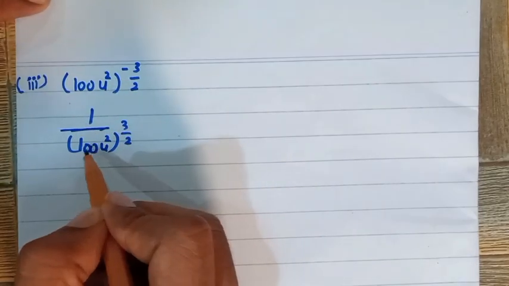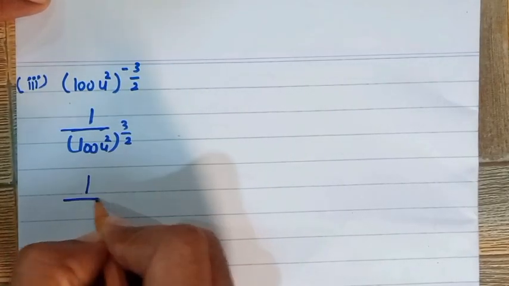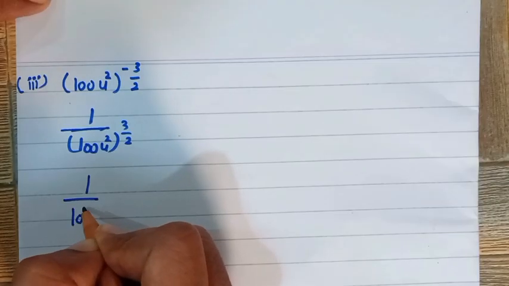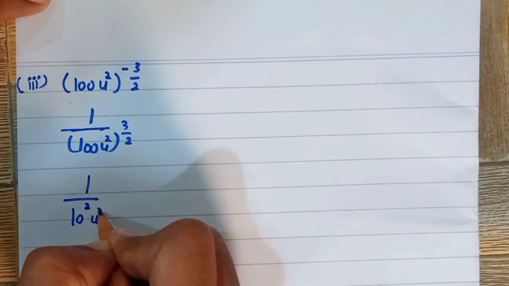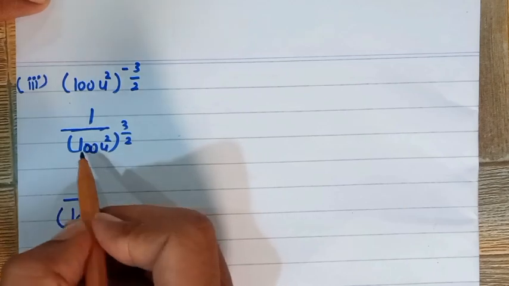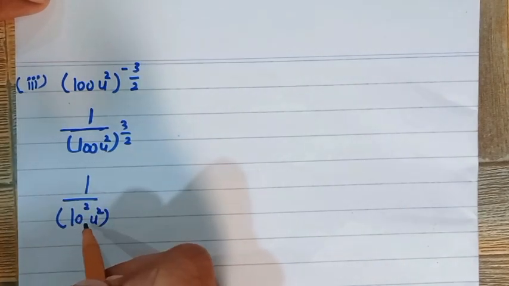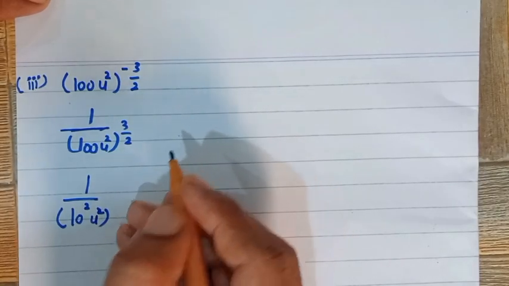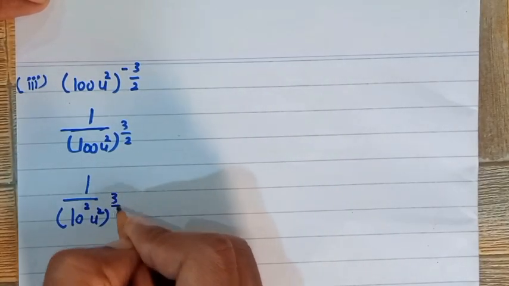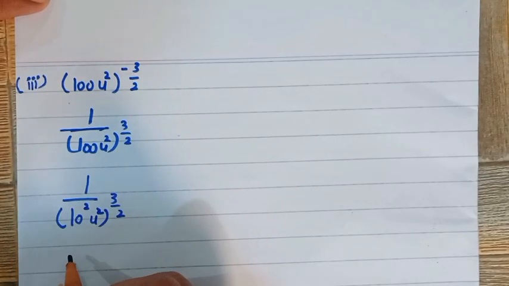So further I will simplify this term. 1 over 10 square u square bracket. As you know, 100 is the perfect square of 10. 10 multiplied by 10 is 100, over power 3 over 2. 10 square u square, you will simplify again.